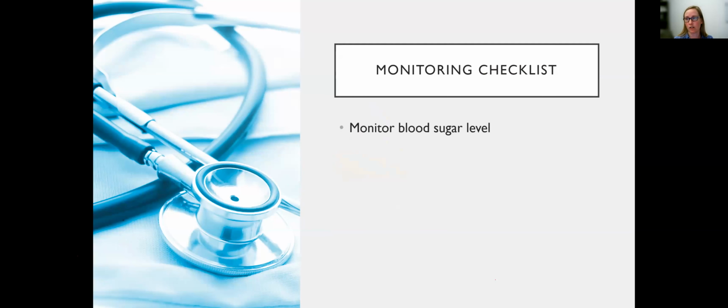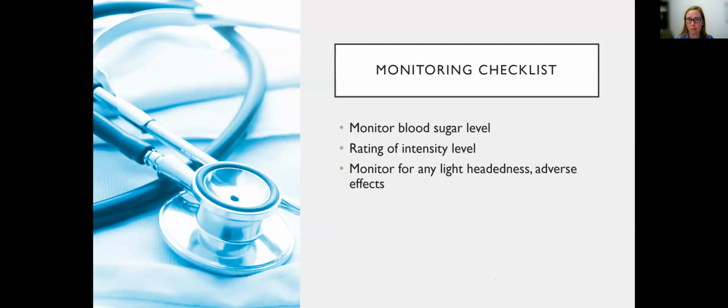So we want to be sure, since he has diabetes, that we're watching his blood sugar level before we exercise. So that's not a factor. Looking at the intensity levels so that we are getting the adequate amount.